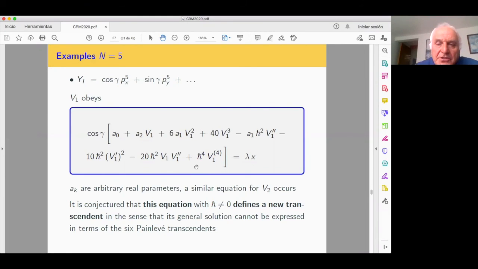Let me also ask another question. Is it possible to extend this formalism to the 3D case, for E3? Yes, certainly it's possible. There's work done by Snowball already, even including a magnetic field for the 3D case. But the idea of nonlinear compatibility conditions is not developed in the three-dimensional case.